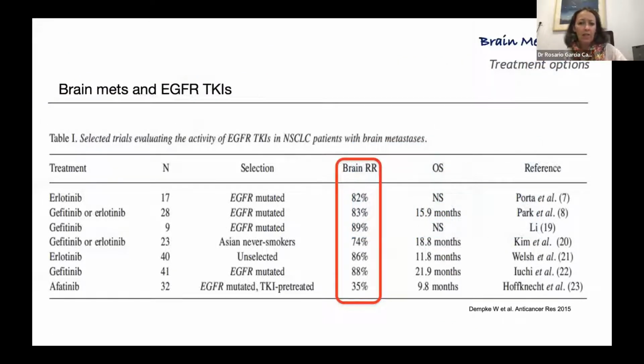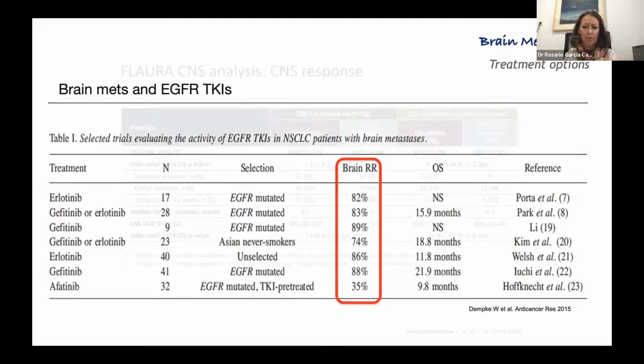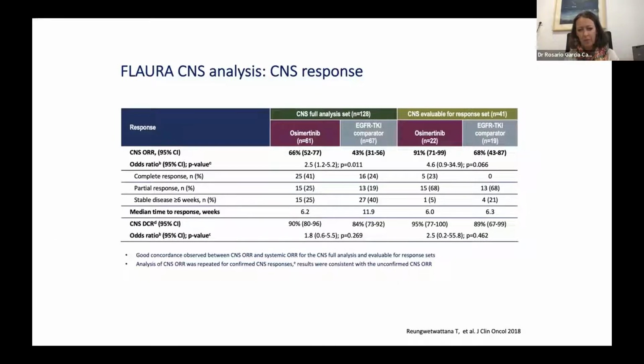How active are the EGFR tyrosine kinase inhibitors at the brain level? The main problem we may have with the first or even second generation inhibitors is that usually we are talking about retrospective data. The data we have come from small series. The agents are active, but when we look at the FLAURA data and we look at the CNS activity in the FLAURA, really we can see a difference.